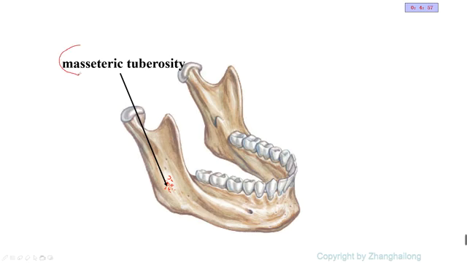There is a muscle, the masseter muscle. This muscle comes from the temporal bone, then goes downwards to here. This is the masseter muscle. When this muscle contracts, this part goes upwards, which will make your mandible move. Okay, this part upwards, this part will go downwards.